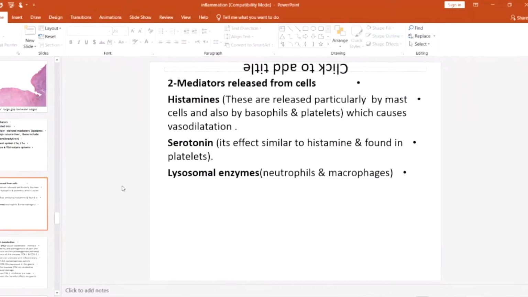Others are released from inflammatory cells. Example: histamine, serotonin and lysosomal enzymes, which help in the process of vasodilation. Why is there vasodilation? Because of these chemical mediators: histamine, serotonin and lysosomal enzymes.